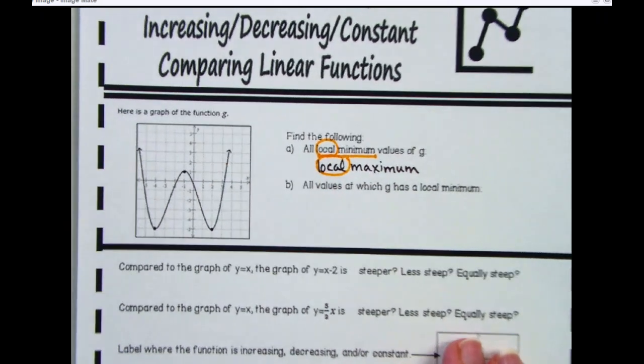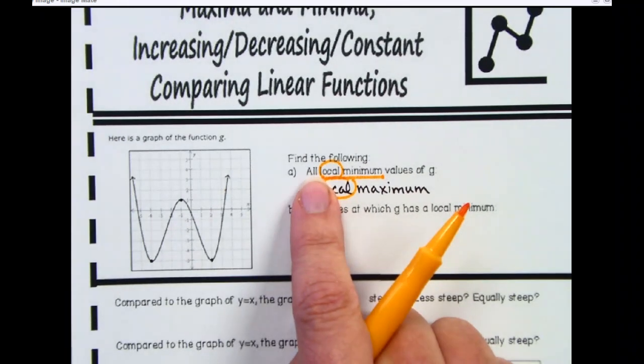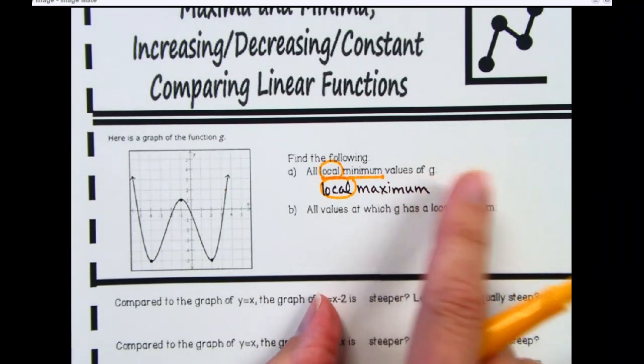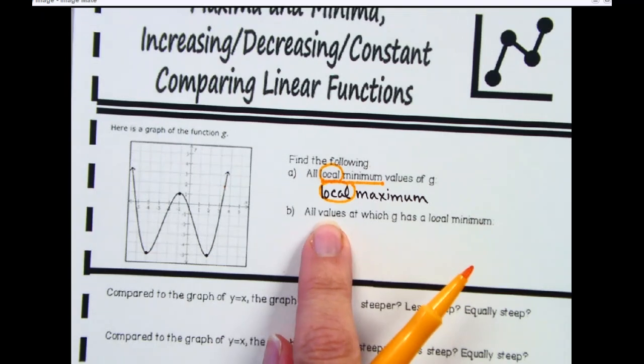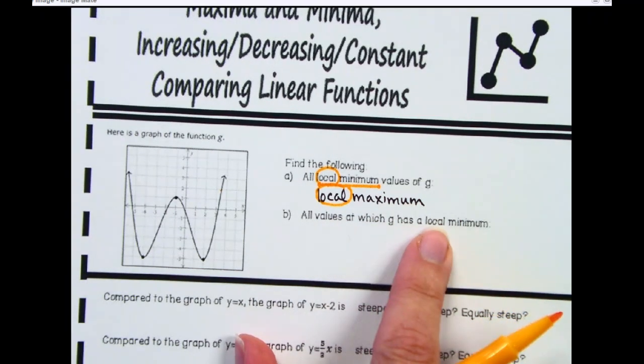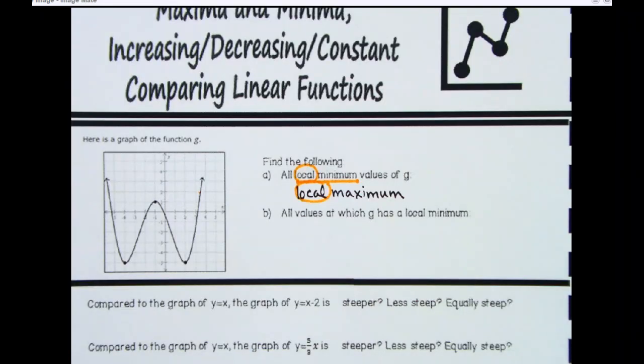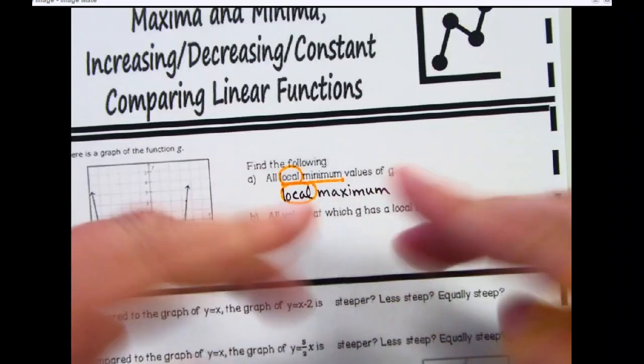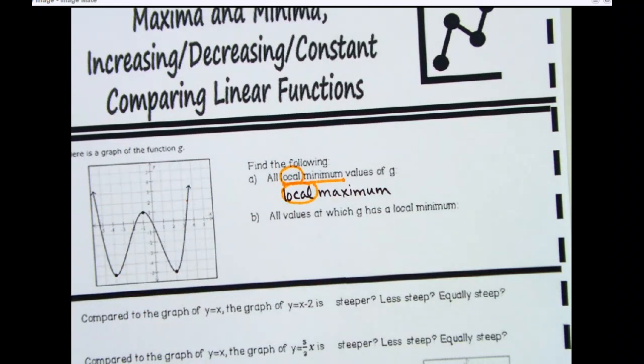So right here, it says all local minimum values of G versus all values at which G has a local minimum. Now, Alex is kind of mean, and we'll flip those back and forth. One of them means the X, and one of them means the Y. So you just have to pay attention and figure out which is which.